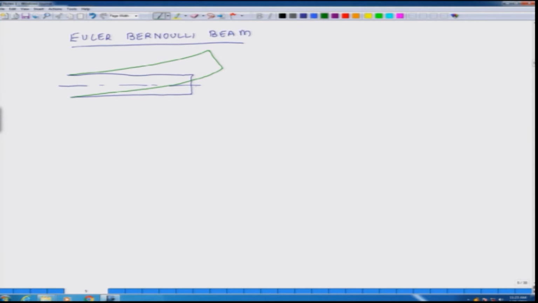So, this is my undeformed beam and the green is my deformed beam.